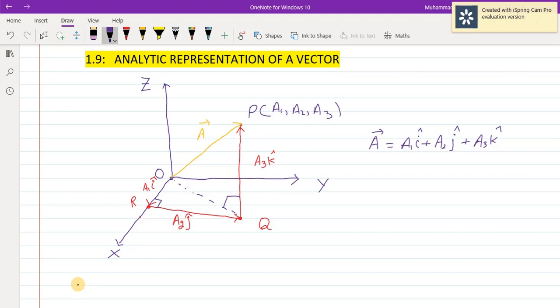Now we will discuss how we can find the magnitude of vector A. To find the magnitude of vector A, we will apply Pythagoras theorem.